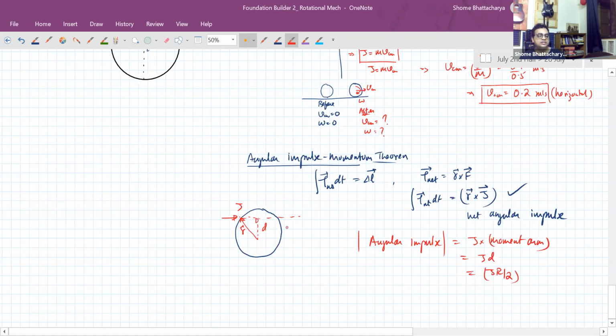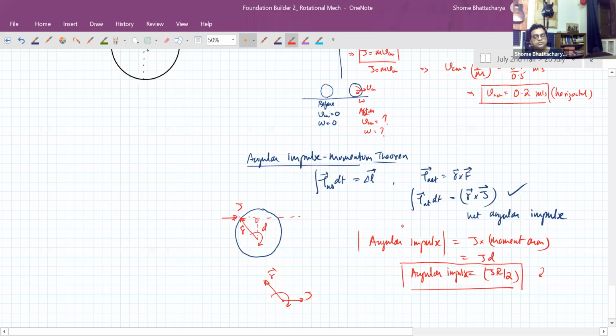And you can see that its direction will be clockwise because R is a vector like this and J is a vector like this. So R cross J will be clockwise. Anyway, you can understand that this will give us a clockwise. So the angular impulse will be J into R by 2 and its sense will be clockwise.